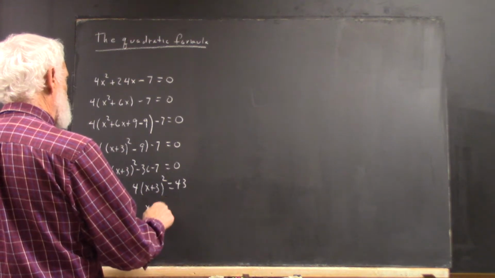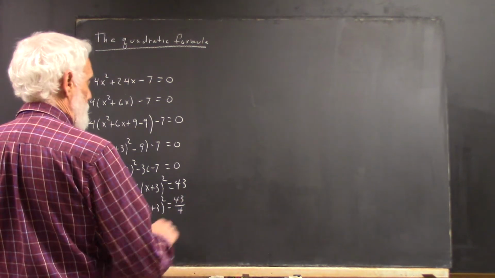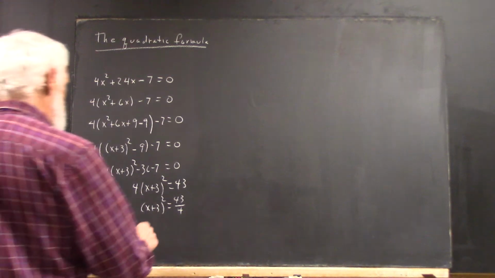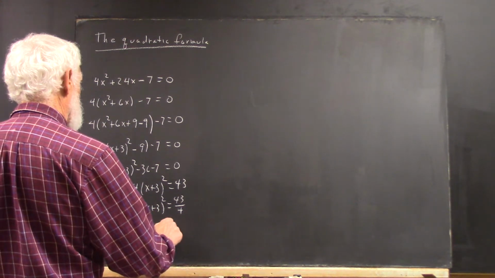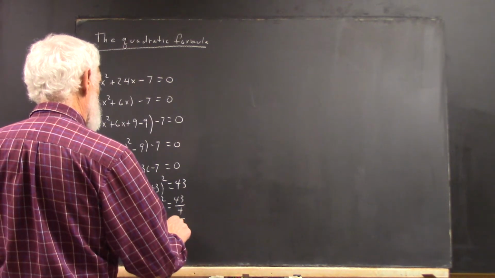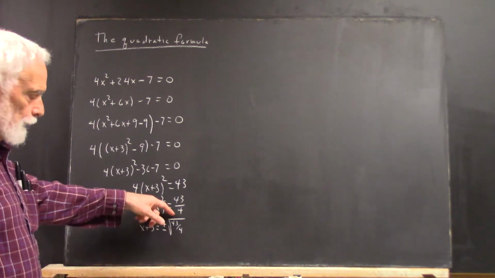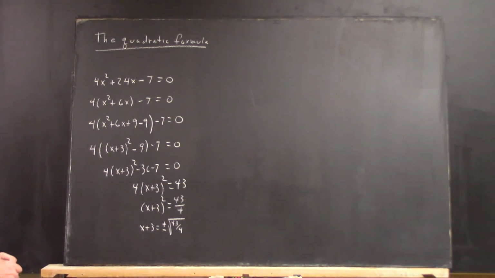So x plus 3 squared equals 43 over 4. It follows then that x plus 3 is plus or minus the square root of 43/4. Now that could be reduced to the square root of 43 over 2. I'm going to leave it this way right now.